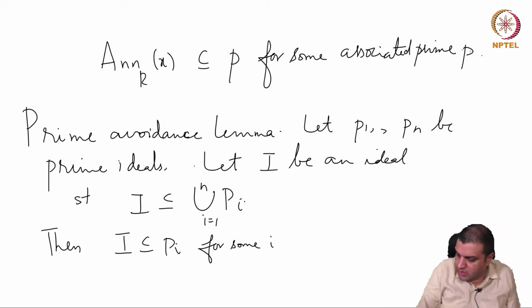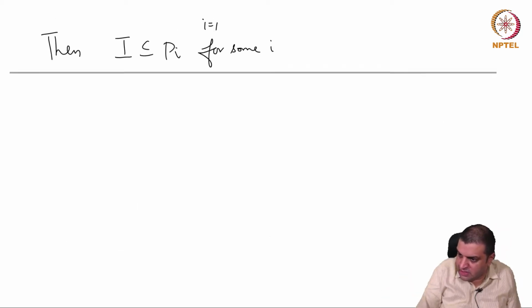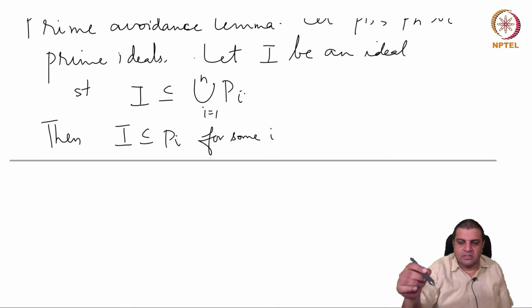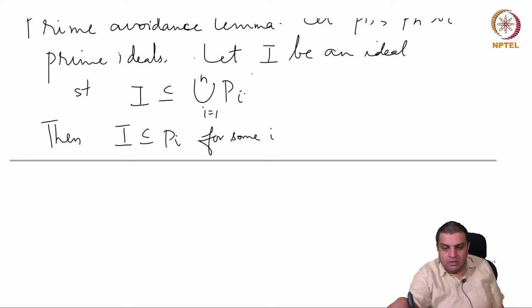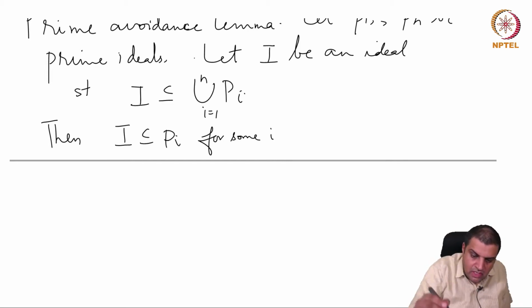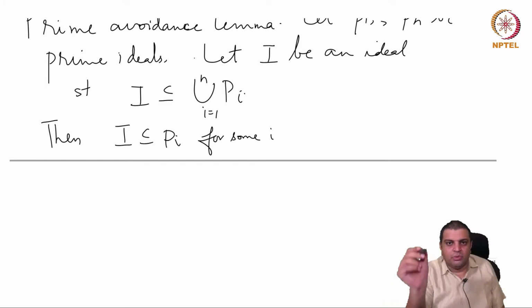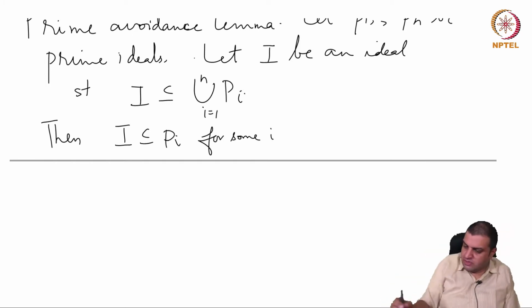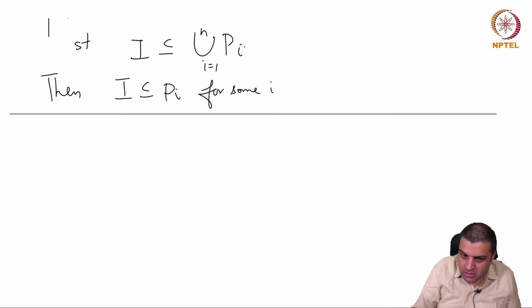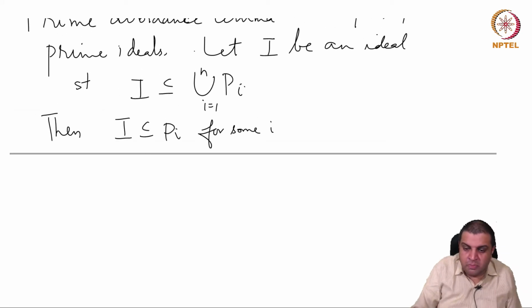Okay. And this is not the most general version of this lemma. One can relax these conditions. So I will put them as exercises. But this is the version that we would need to use. Okay, so why is it called prime avoidance?